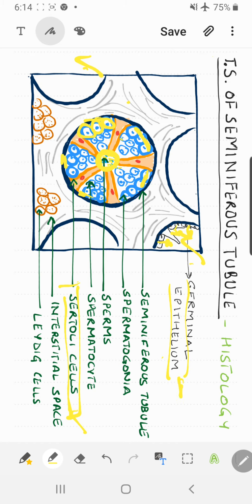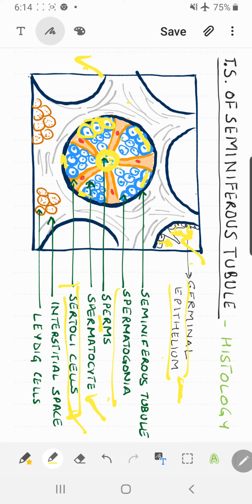The first line of development is spermatogonia. The second line of maturation is spermatocyte, and the third is sperm in the center. So spermatogonia, spermatocyte, ultimately it becomes spermatid too, and then it comes to the center.